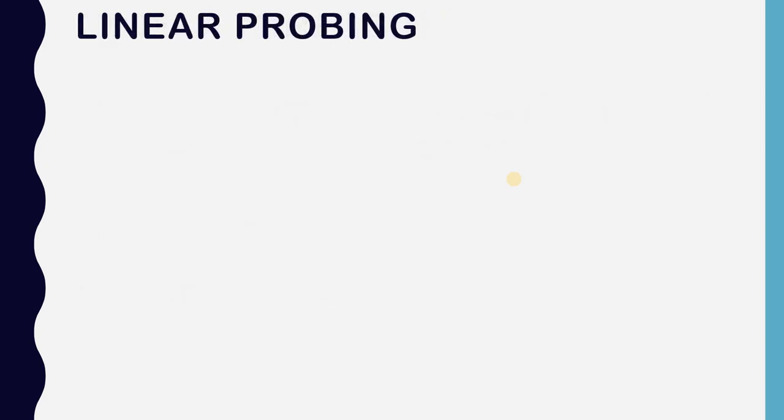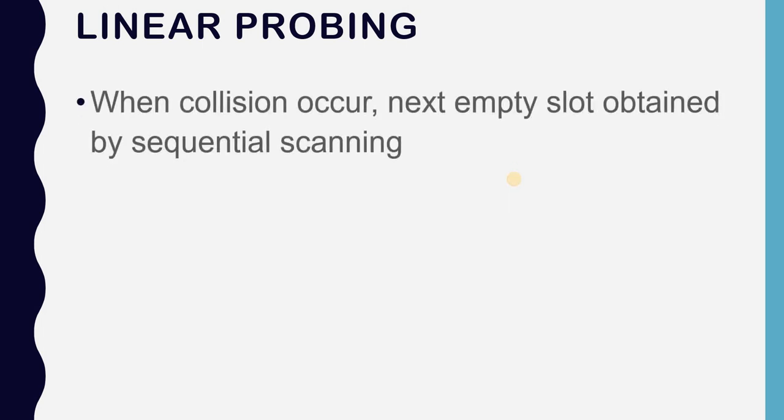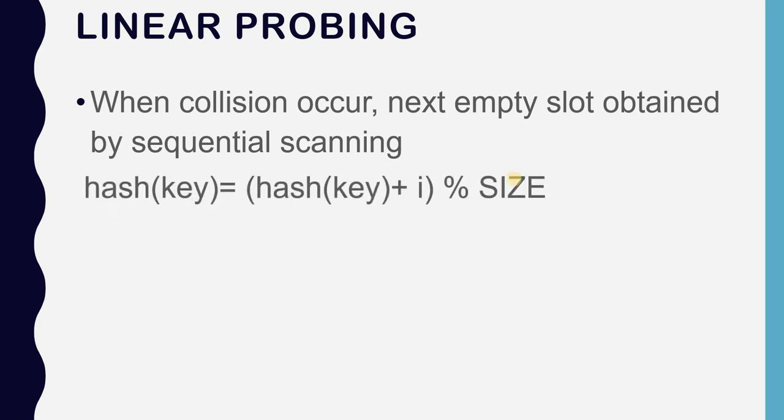Now let us see the first technique for finding the empty space in a hash table, that is linear probing. As the name suggests, it searches for the next empty slot sequentially. So whenever a collision occurs, the next empty slot is obtained by sequential scanning.